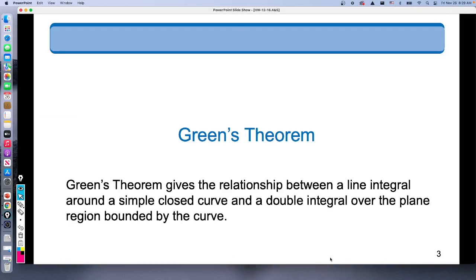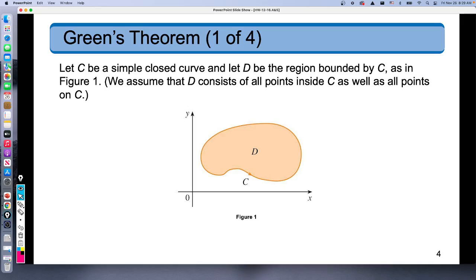What we use Green's theorem for is that it gives us a relationship between line integrals definition. What we're working with, we've got some region that is bounded by a curve.